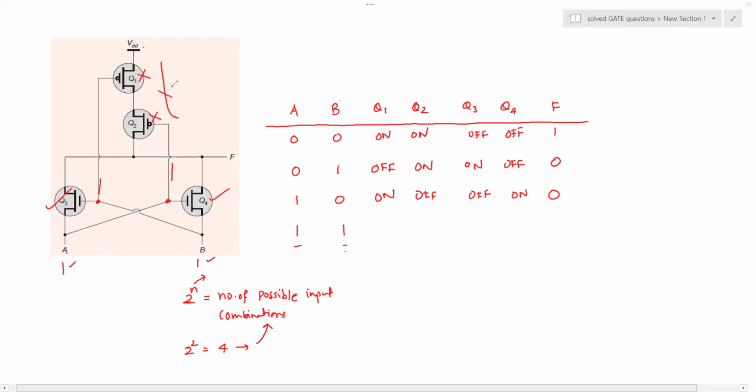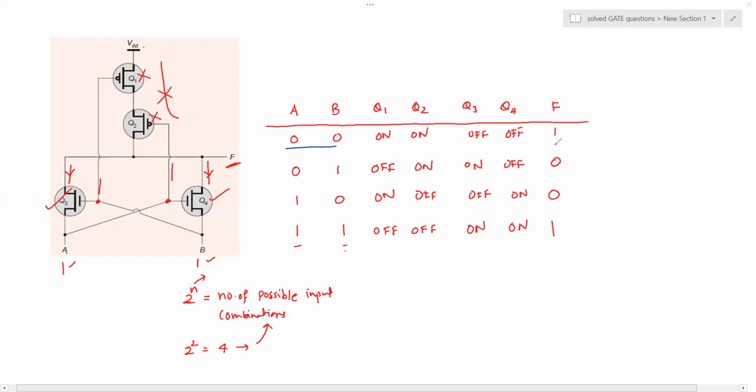Obviously, there is no current path for F to connect to VDD. However, there is a possible current flow through transistors Q3 and Q4, and F can connect to logic 1. So we can write here Q1 and Q2 are off, and Q3 and Q4 are on.